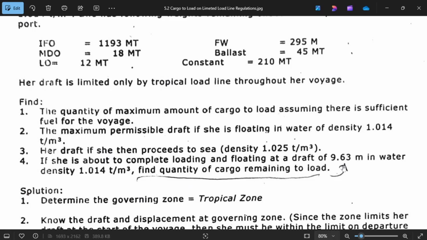Take note, when the vessel has stopped loading for draft check, the local water density at port is 1.014. Okay, just take note of this.